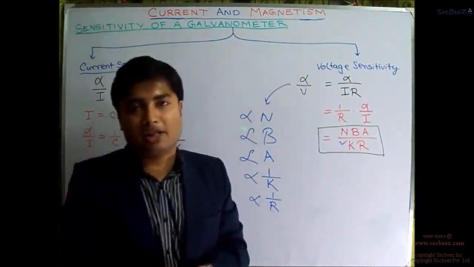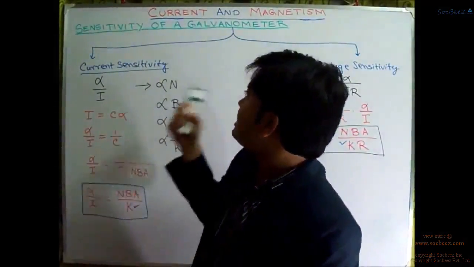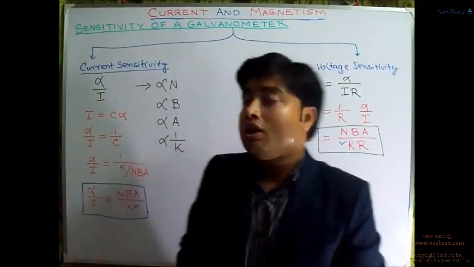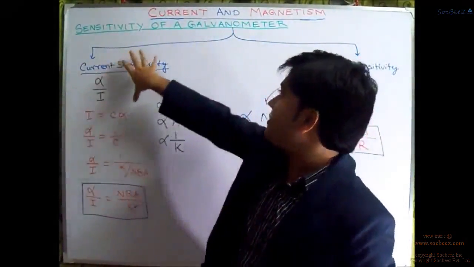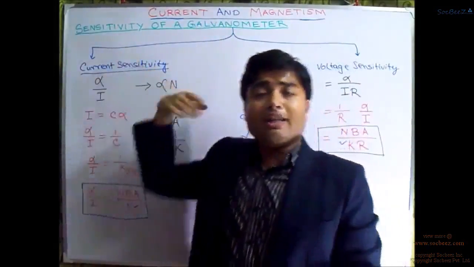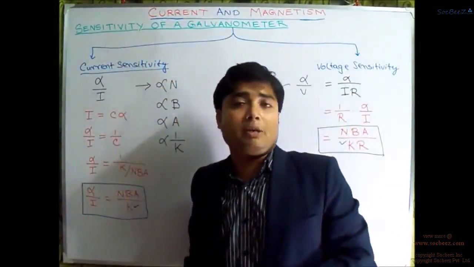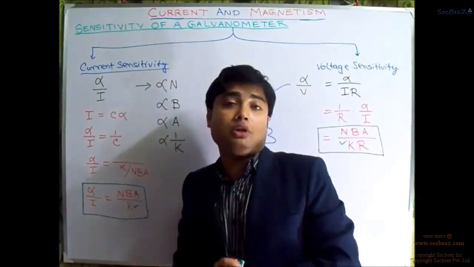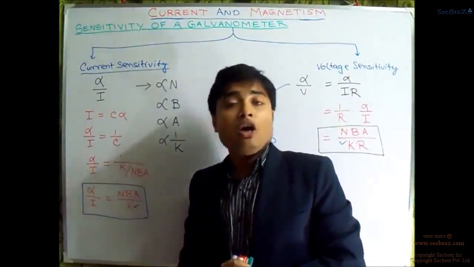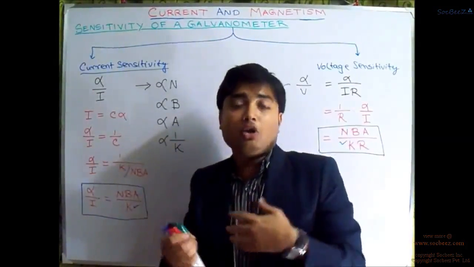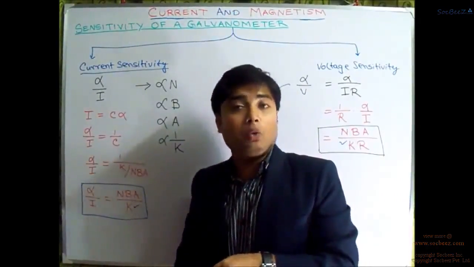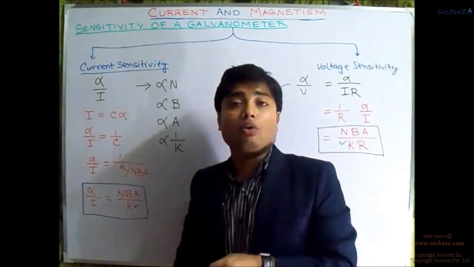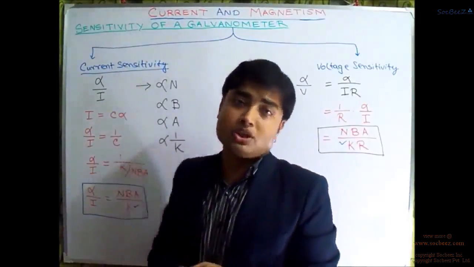Now, we have discussed in this lecture the sensitivity of a galvanometer, the current sensitivity and the voltage sensitivity. In the subsequent lecture we shall discuss how we can use the galvanometer by converting it to an ammeter, so that we can measure the amount of current flowing through the circuit.